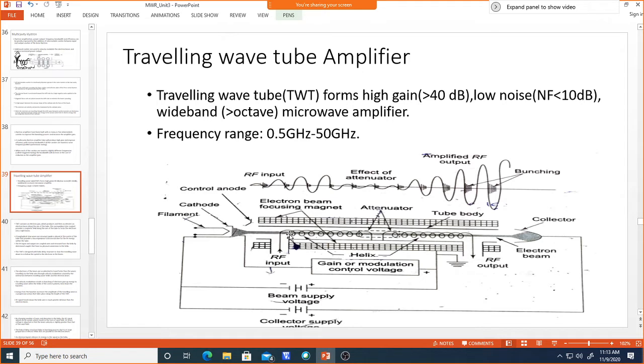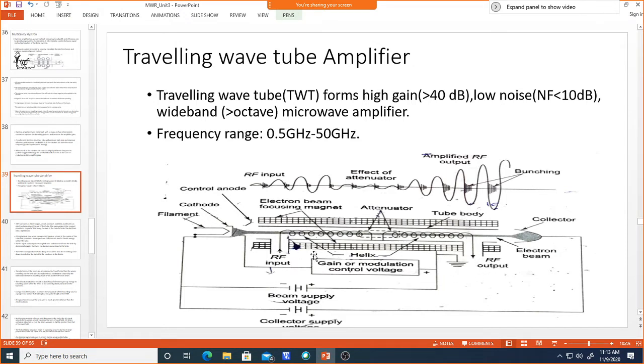The DC beam velocity is greater than the velocity of the RF signal traveling through the helix. Because of this velocity difference, the energy from the electrons is transferred to the helix wave, and it is collected at the RF output.